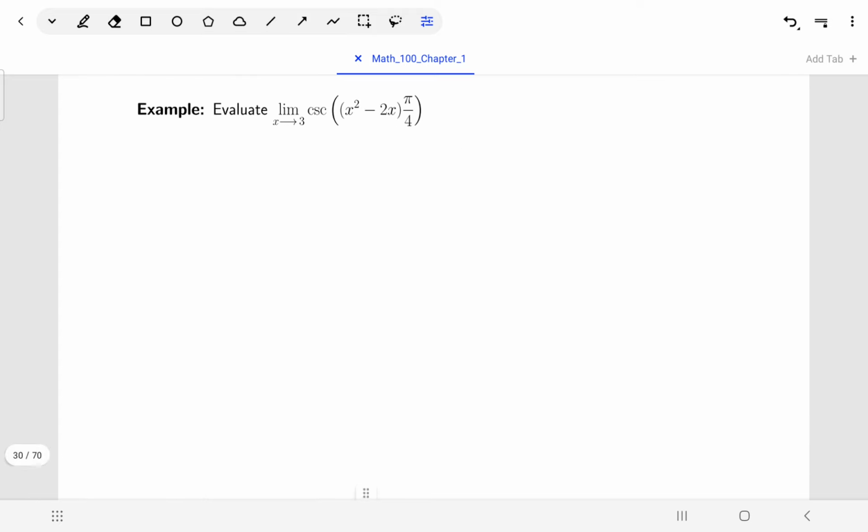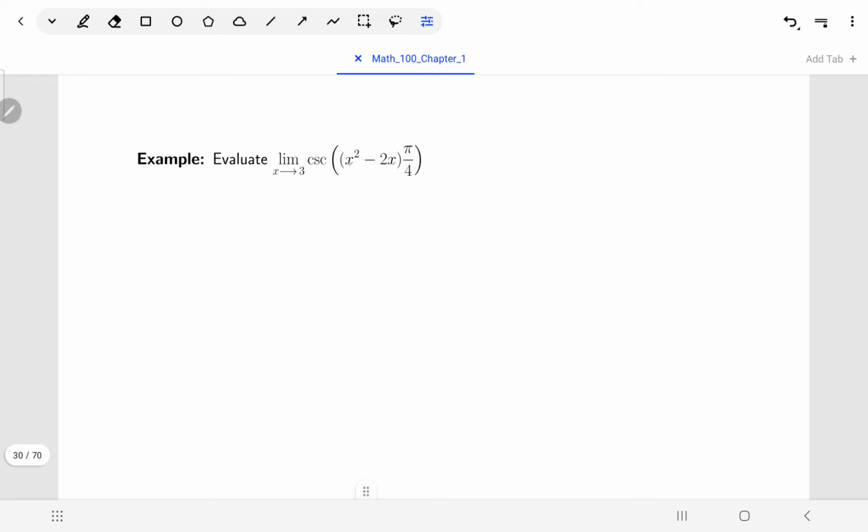I've got this function cosecant of x squared minus 2x times pi over 4, and I'm looking for the limit as x goes to 3. So first off, there's again two functions. There's y equals cosecant of u, and then there's the inside function, which is x squared minus 2x times pi over 4.